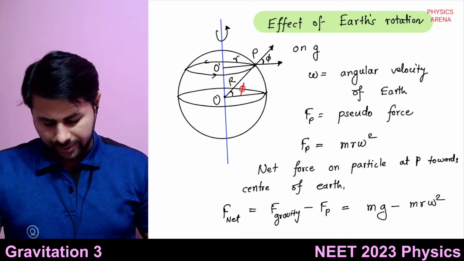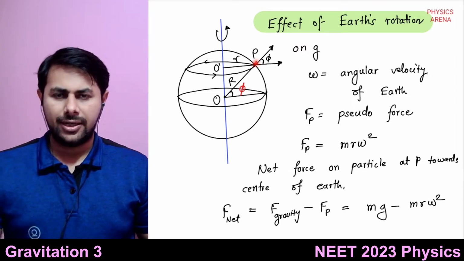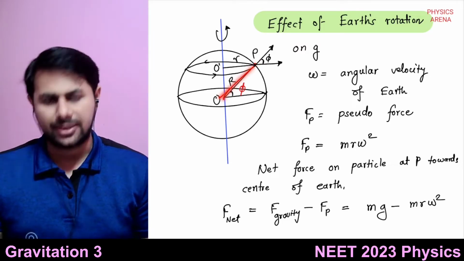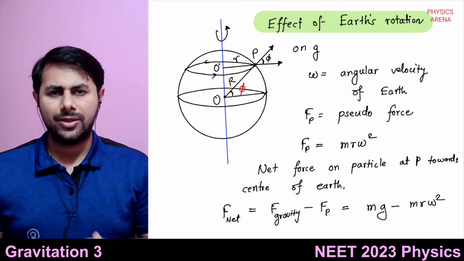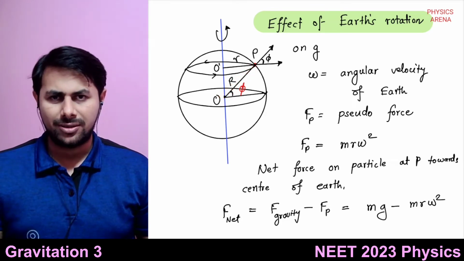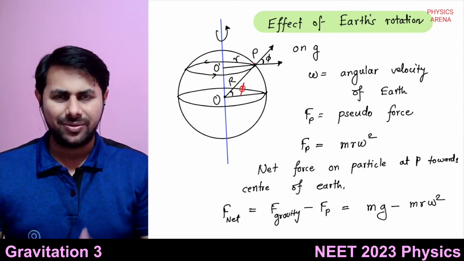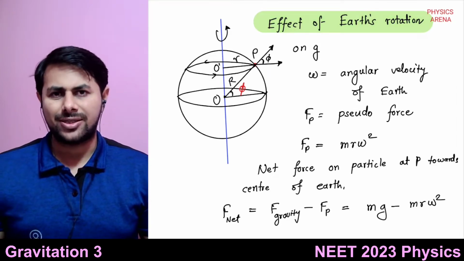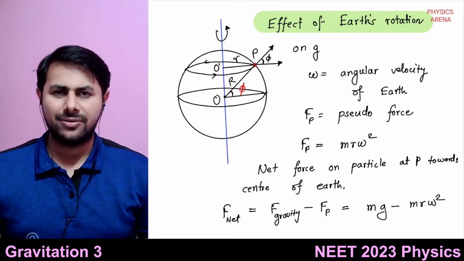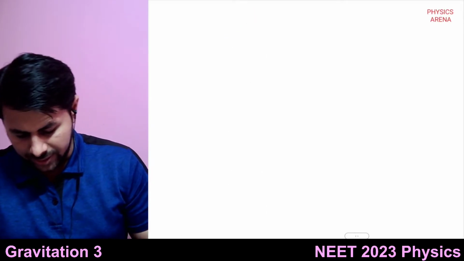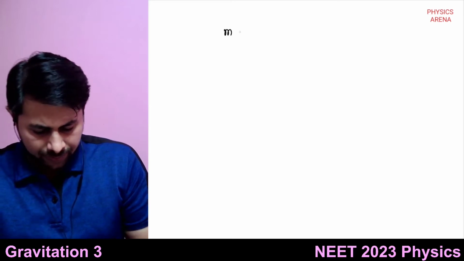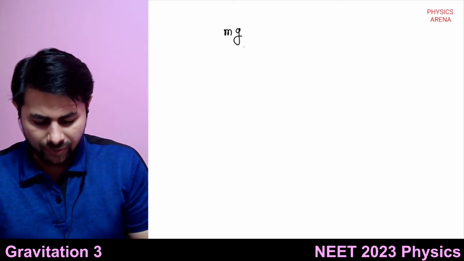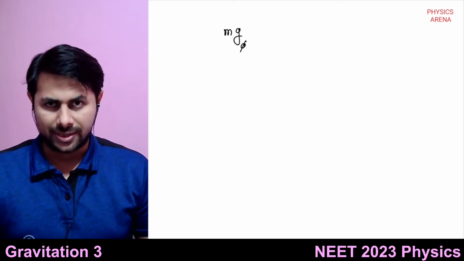For this person, the net force towards the center of Earth will be the mass of the object multiplied by the effective value of the acceleration due to gravity at that point, that is, at that latitude.